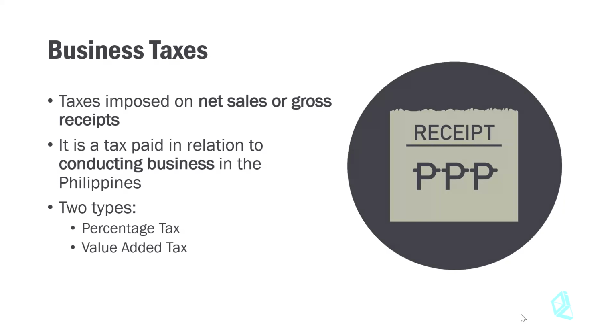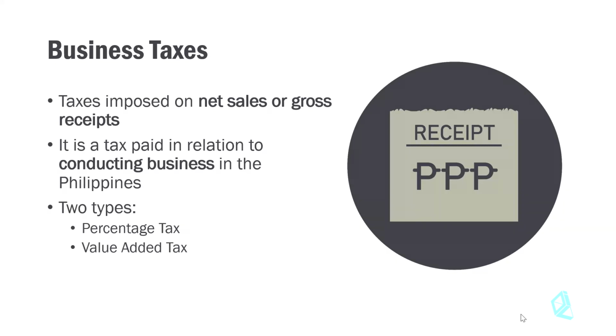And the second distinguishing feature, as well as the definition of business taxes, is that these taxes are imposed for simply conducting business in the Philippines. Whether you earn or not will be the subject of income taxes. So, by simply operating a business here in the Philippines, you need to pay business taxes.